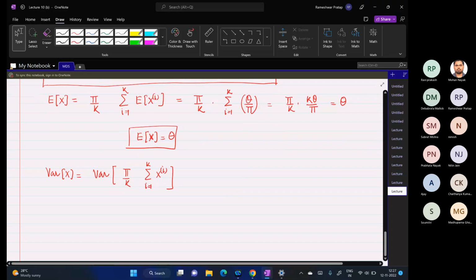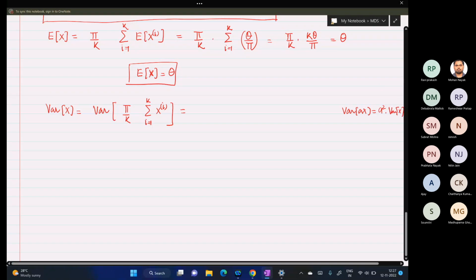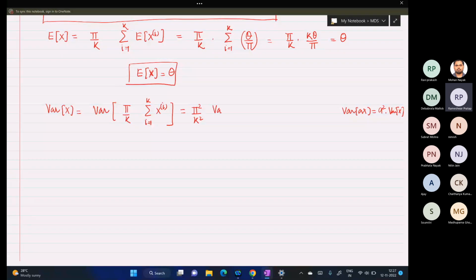Can you help me calculate this variance? Variance of aX is a square into variance of X. So this will be pi square upon k square, variance of the sum of xi.